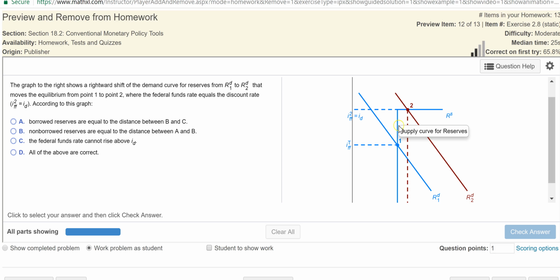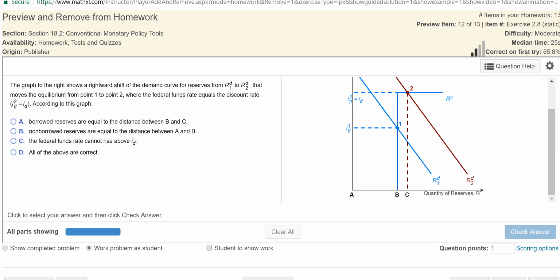So that means from this point, the vertical part to any point on the horizontal portion of the supply curve, that stands for the borrowed reserves. So the horizontal distance between 1 and 2, that's basically the borrowed reserves.